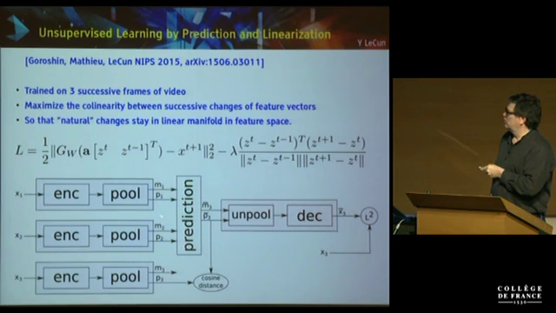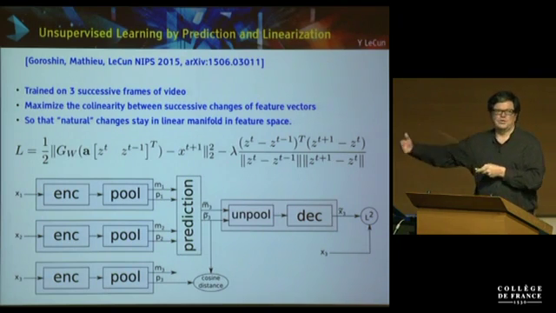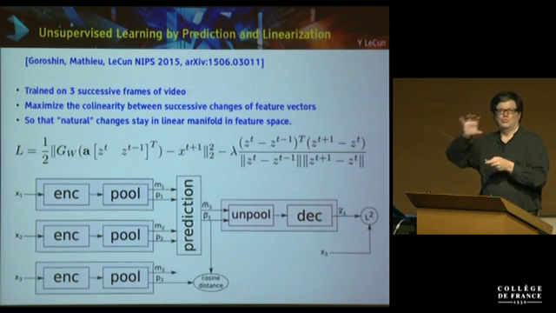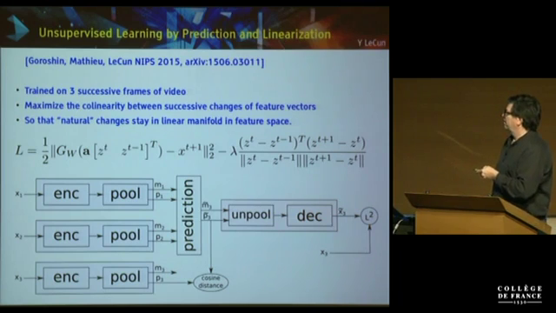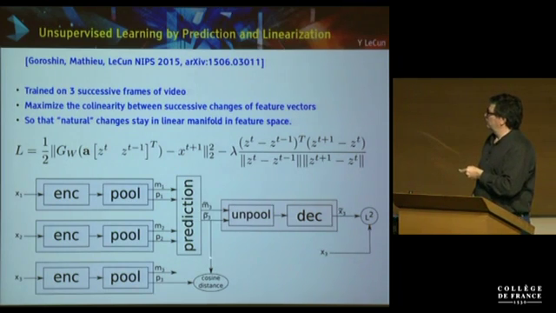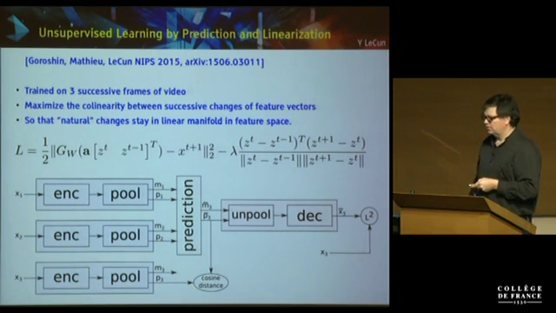But the where, the position, will be a linear extrapolation of the positions. We can assume that the images move linearly. From that prediction of what and where, we reconstruct the input using a decoder, and you ensure that you don't move too far from what the encoding of the 3rd frame will produce.